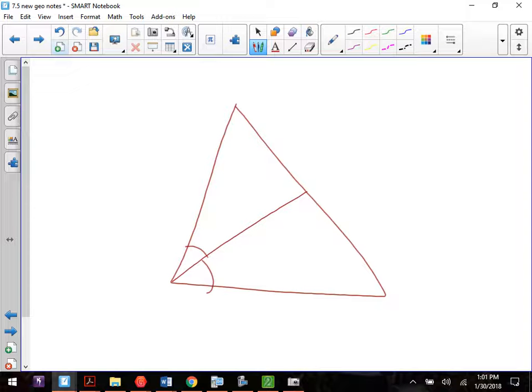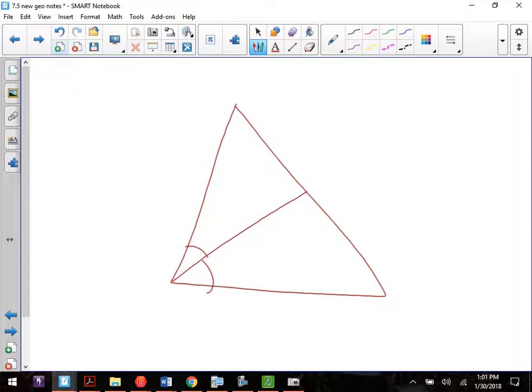Remember, when you have an angle bisector, all it does is bisect the angle. It is not necessarily running into a midpoint. It is not perpendicular necessarily to the side opposite.